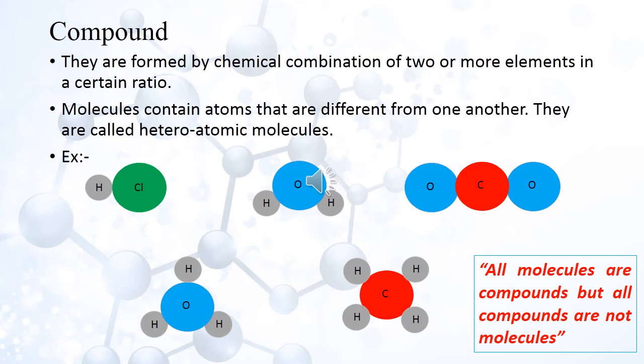If you are taking water, you can see in this figure, one oxygen with two hydrogen atoms form a water molecule. Carbon dioxide molecule: one carbon atom and two oxygen atoms together form carbon dioxide.